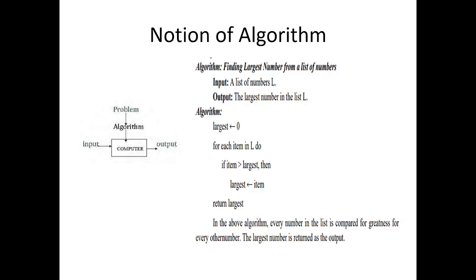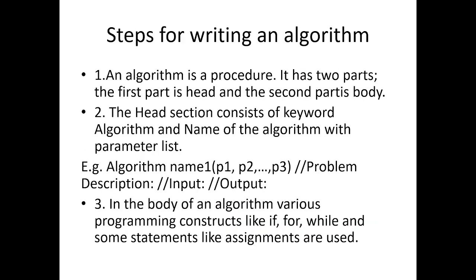For each and every element in the list, we do the for loop operation. Each item is compared with largest, and if it is larger, the item is placed in the variable largest. Finally, return the variable largest. This is the explanation of the steps for writing an algorithm, with an example.